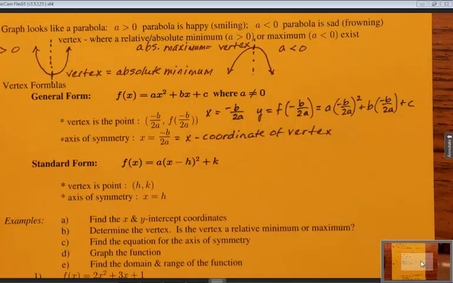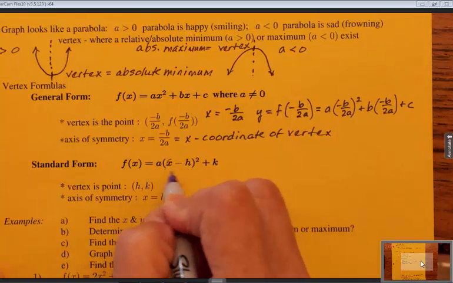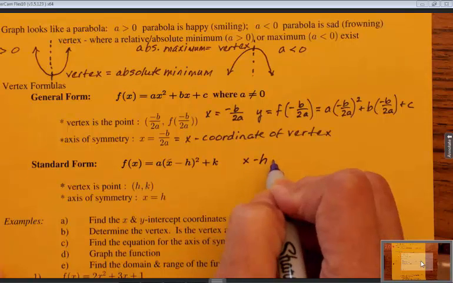Okay, next thing is the standard form. And so you might see your equations in this form. And when they're in this form, to find our vertex, we're going to take whatever's inside the parentheses here, x minus h, and set it equal to 0.